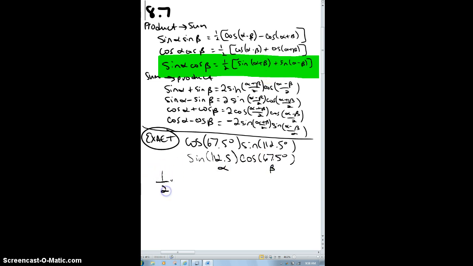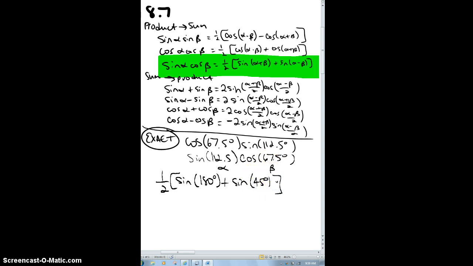So I get half times sine of alpha plus beta, which adds up to 180 degrees, so that's nice, plus sine of alpha minus beta, which equals 45 degrees. Is that right? I believe so.